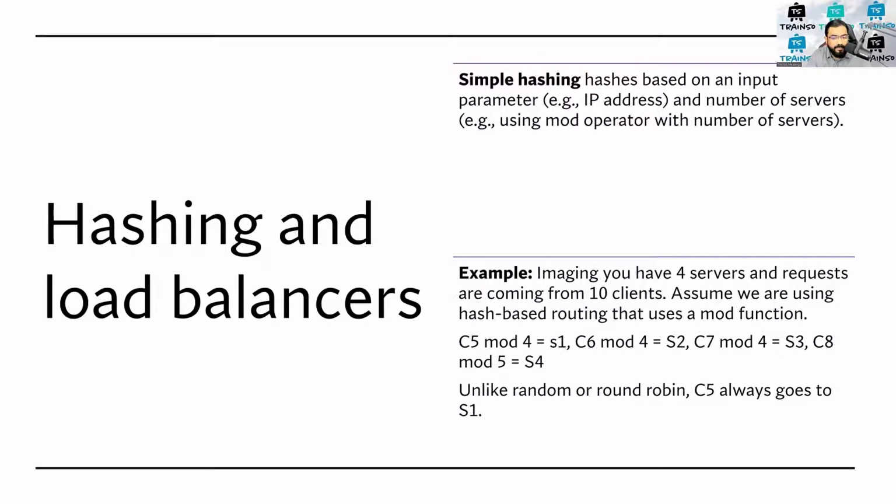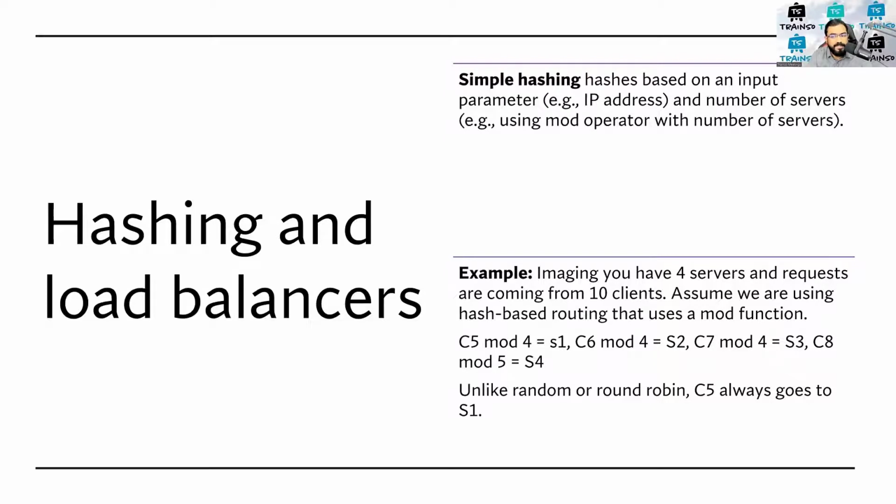Assuming we are using hash-based routing that uses some kind of mod function. And for client 5, imagine that somehow we got the number 5. So we can do 5 mod 4 and we will get the server number as server 1. What about C6? 6 mod 4 is 2. So we'll use server 2.